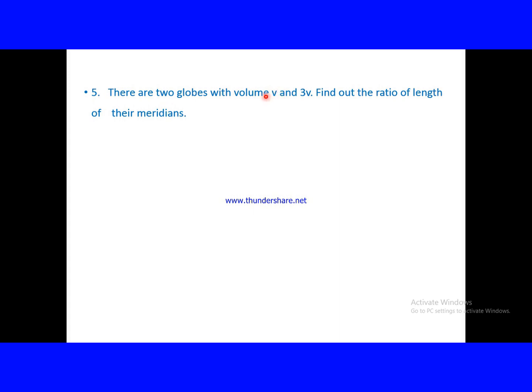Length of meridians is pi r, and same way we'll find out the length of meridians of the larger globe, and finally we'll find out their ratio.